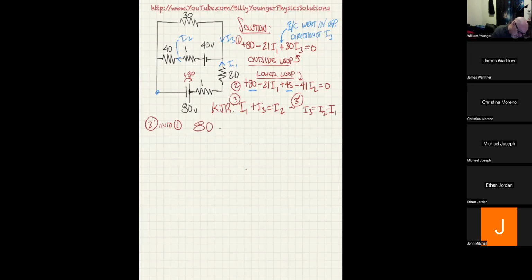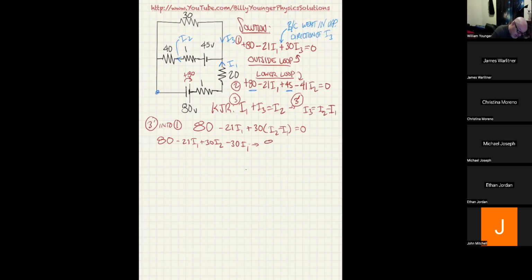I got 80 by itself minus 21 times I1, and then plus 30 times I3, which is I2 minus I1, and that all gives me 0. And now I can distribute the terms and get 80 minus 21 I1 plus 30 I2, and then minus 30 I1, which I can now combine like terms because I've got 21 minus 30, which is negative 51.